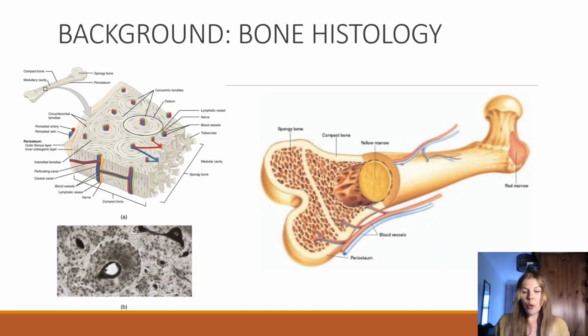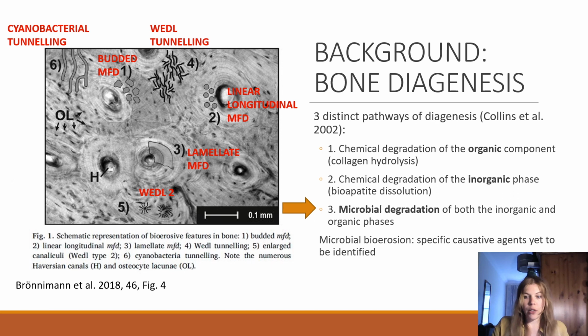As we all know, bone is a complex composite material. On the left, you can see a cross-section of cortical bone from a long bone. In this study, we are focusing on the microstructure of cortical bone. Bone undergoes diagenetic alterations post-deposition. Three distinct pathways can be distinguished, and we are focusing on microbial degradation of both the inorganic and the organic phases.